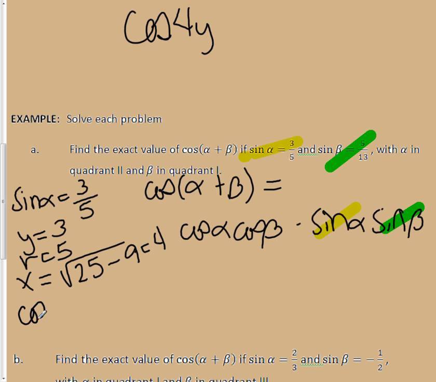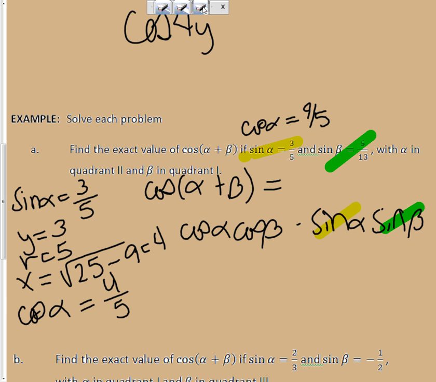So the cosine of alpha is my x value, which is 4, over my r value, which is 5. So now I've got the cosine of alpha replacement. I'm just going to write that over here. The cosine of alpha equals 4/5.